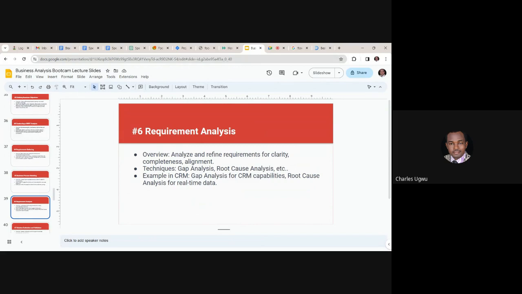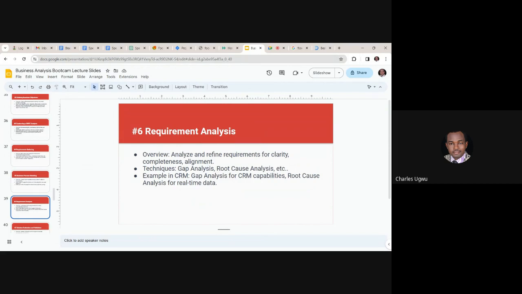So that's what we mean by gap analysis. You're always looking for gap. That's what you do every day. You might use other analysis as a business analyst, but gap analysis is what you have to use on a daily basis because you need to identify gaps and find solutions. Any gap you identify is a big opportunity.